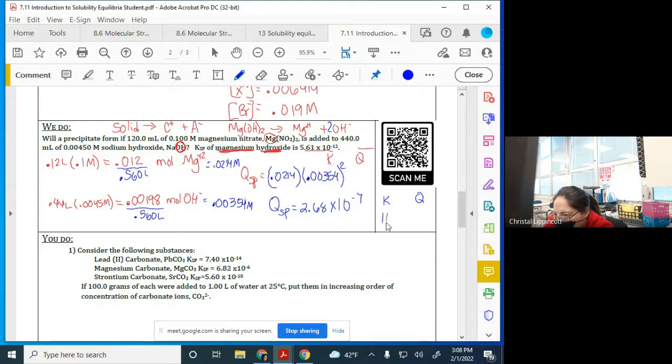This was a KSP of 10 to the minus 12. This is 10 to the minus 7. Which one's bigger? Right, this is bigger. So the reaction is going to run this way. If it runs that way, then it's going to form more solid. So will a precipitate form? Yes.